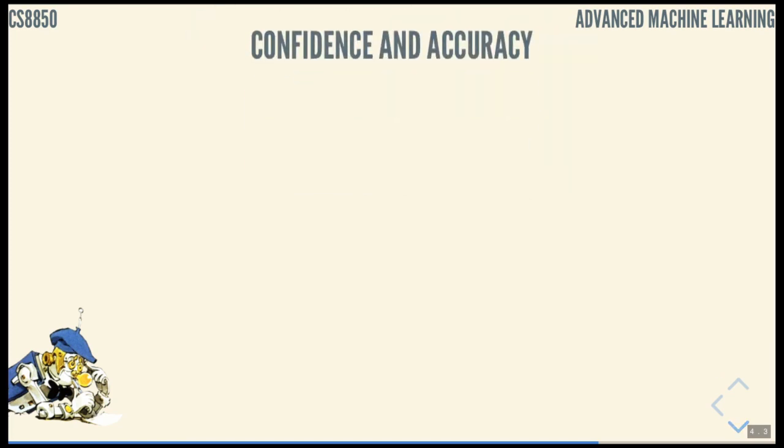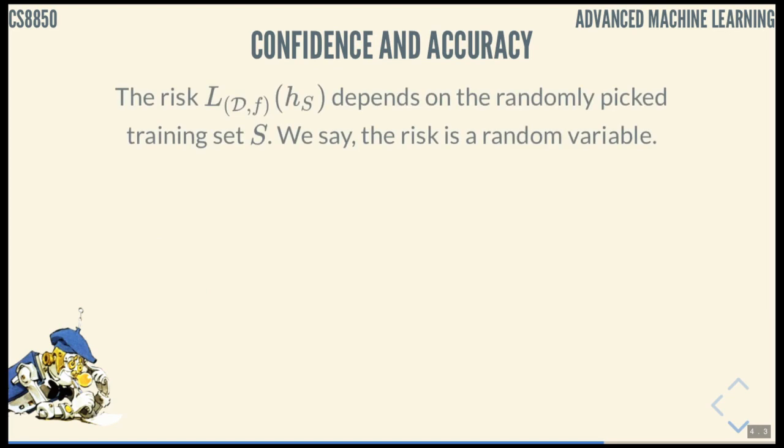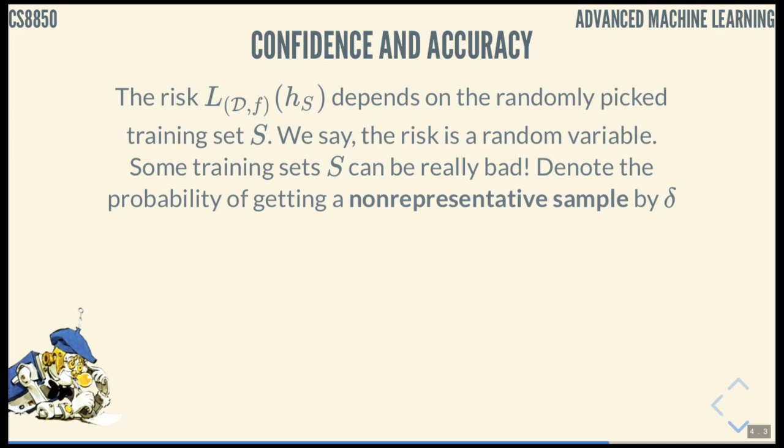Now, confidence and accuracy. The risk L depends on the randomly picked training set. We say the risk is a random variable. Some training sets S can be really bad. Denote the probability of getting a non-representative sample by delta. So imagine we just got unlucky and our training set is not representative.